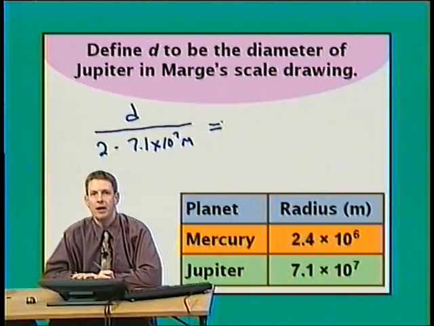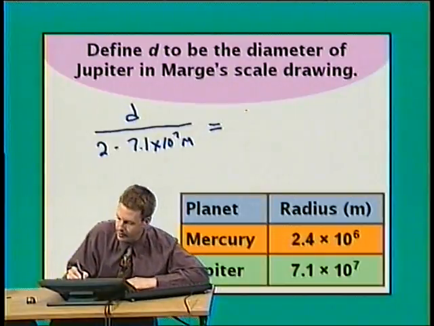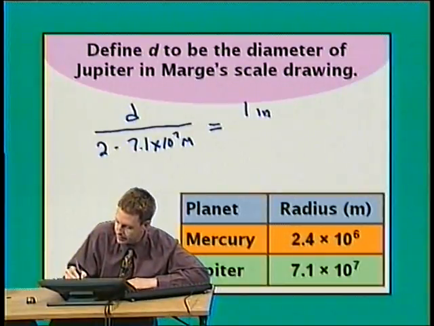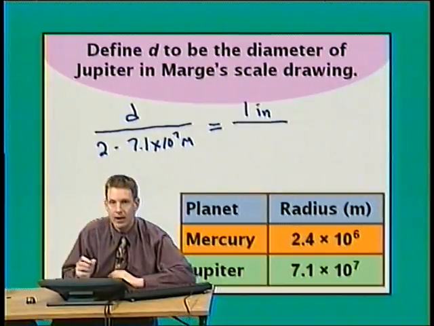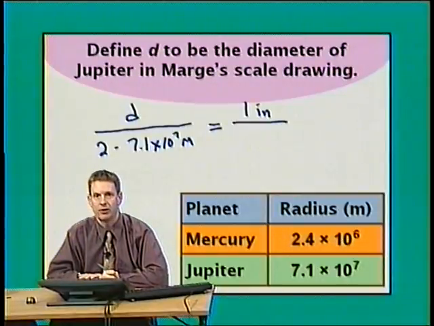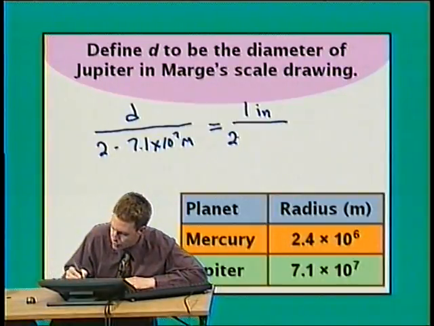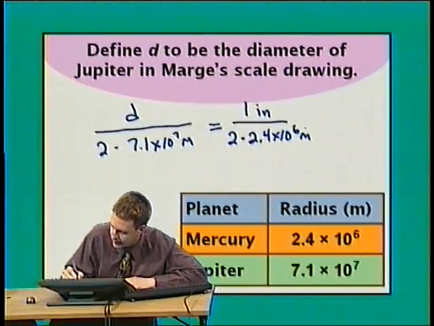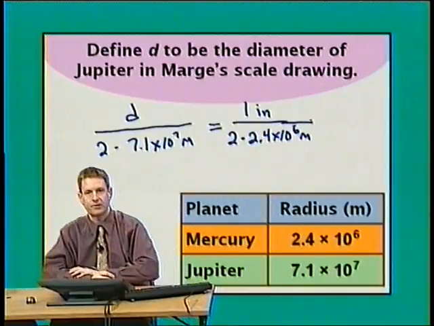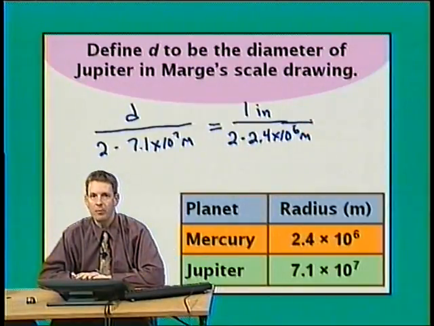This ratio needs to be the same as the ratio of the diameter of Mercury in Marge's scale drawing, which is 1 inch, divided by the actual diameter of Mercury, which is 2 times 2.4 times 10 to the 6th meters. This is called a proportion. Whenever you have 2 ratios equal to one another, you get a proportion.